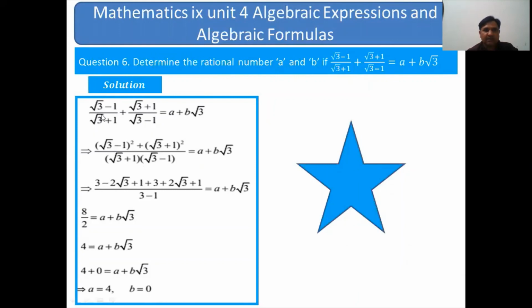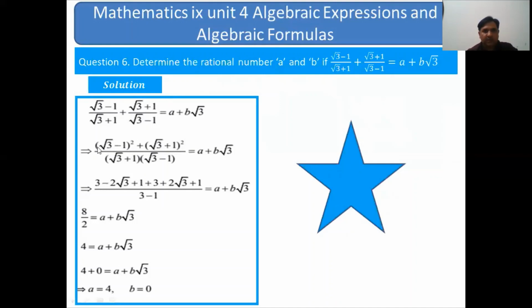Here we cancel with this one and we are left with this one, and this value when multiplied with this one gives square root of 3 minus 1 whole square. Here the square root of 3 minus 1 cancels out with this one, and we are left with this one, and when this value is multiplied with this one, we have square root of 3 plus 1 whole square. So the denominator is square root of 3 plus 1 times square root of 3 minus 1, which is square root of 3 square minus 1 square, where square root of 3 square is 3 and 1 square is 1.